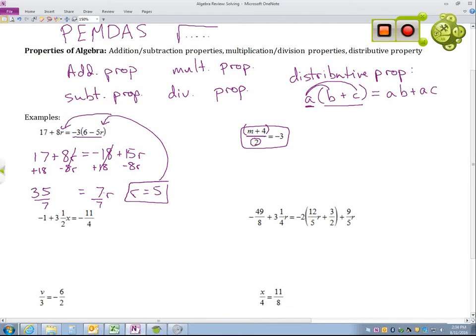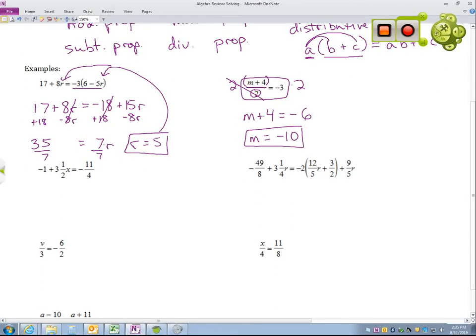So to get rid of that 2, I'm going to multiply both sides of my equation by 2. That cancels out. I do not distribute the 2 to the numerator because there's no 2 left. That 2 was canceled with the 2 that was in the denominator. So all that's left on the left is m plus 4, and on the right, negative 6. So then we subtract 4 from both sides. M is negative 10. Okay.